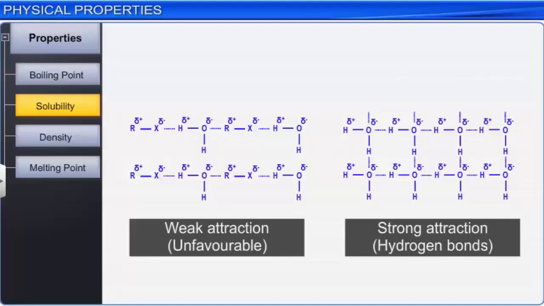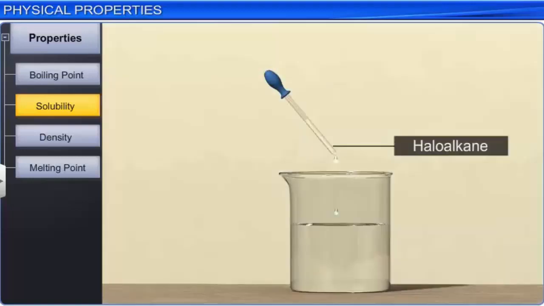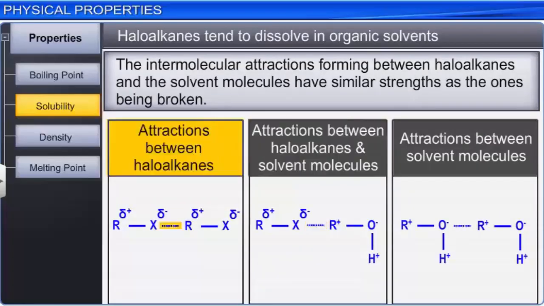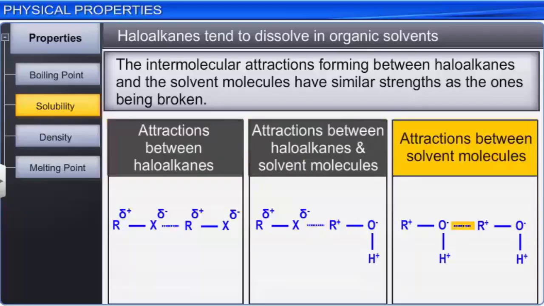Thus, haloalkanes are sparingly soluble in water. Haloalkanes do tend to dissolve in organic solvents. The intermolecular attractions that form between haloalkanes and the solvent molecules have similar strengths as the attractions being broken in the separate haloalkane and solvent molecules.